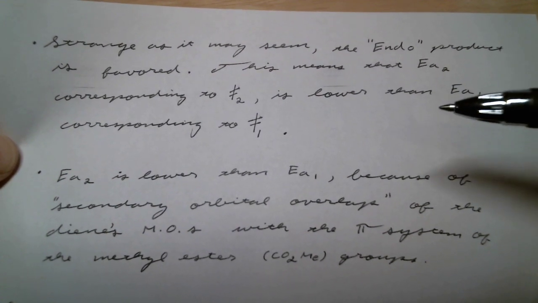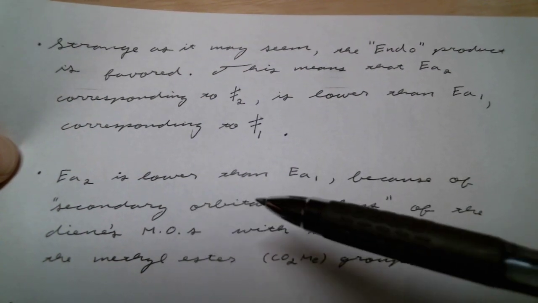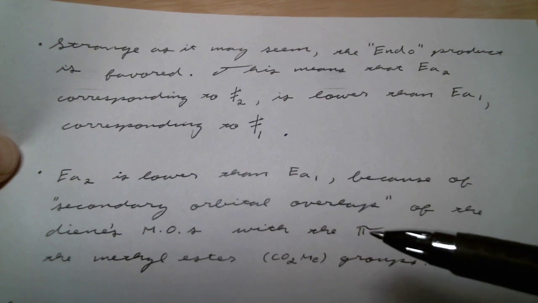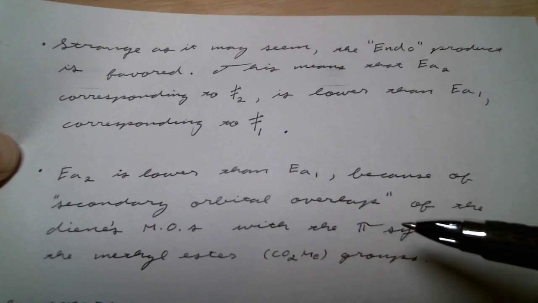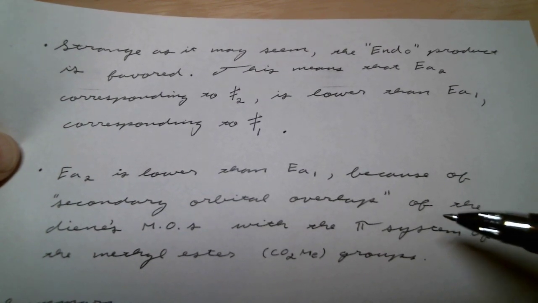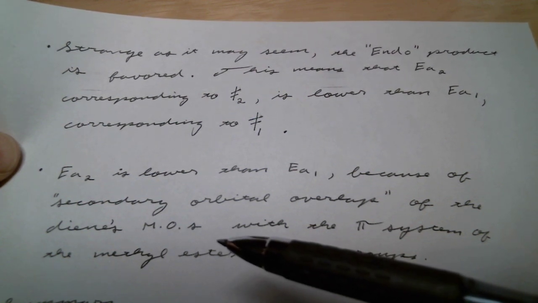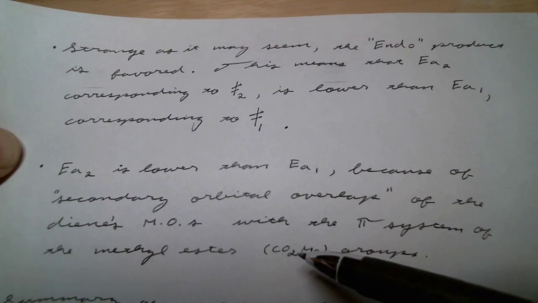We thought, oh, sterically, it should be repulsive. Well, it turns out that that activation energy is lower for the endo case than the exo case because there is something called secondary orbital overlap. So there are pi bonds in those methyl ester groups, right? And they actually overlap with the diene's molecular orbitals.